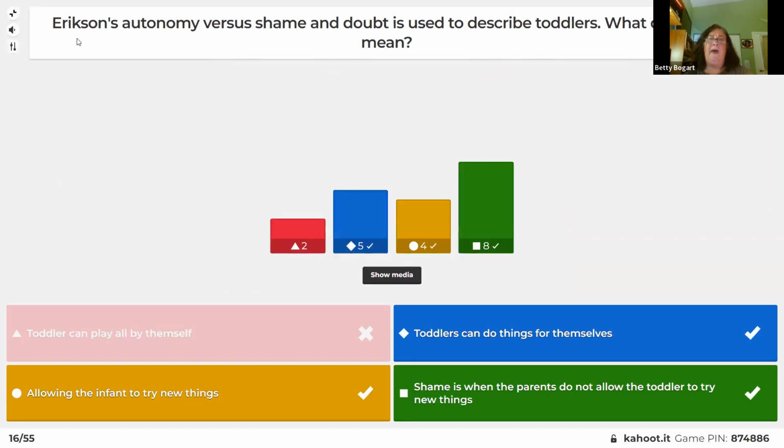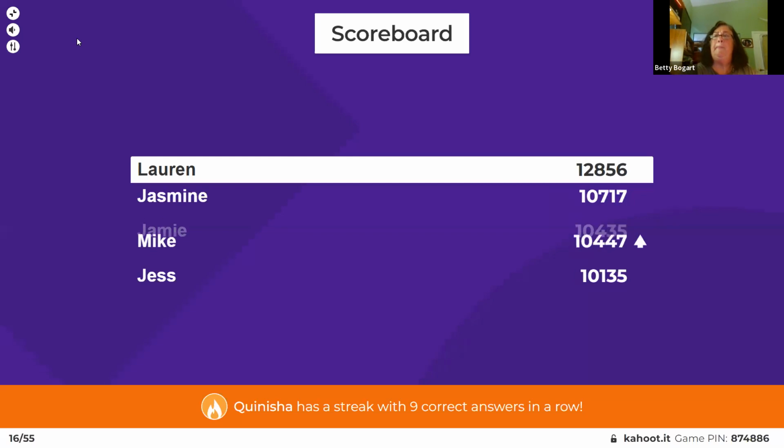So we know that autonomy is being able to do things for themselves. They're allowed to try new things, but that shame comes in when they're not allowed to try. So those are the 3 different things you'd see here. Toddlers can play by themselves, and so can infants. That has nothing to do with what Erikson says.